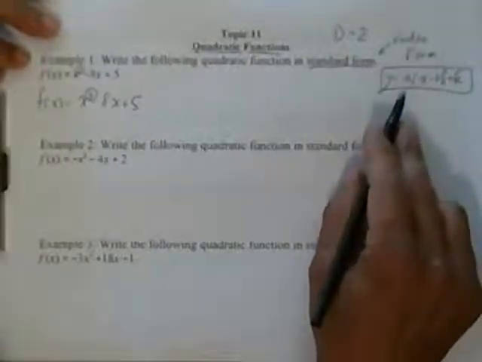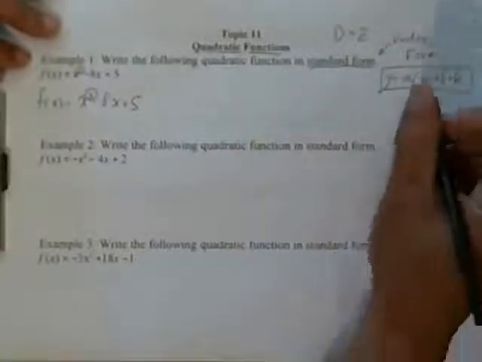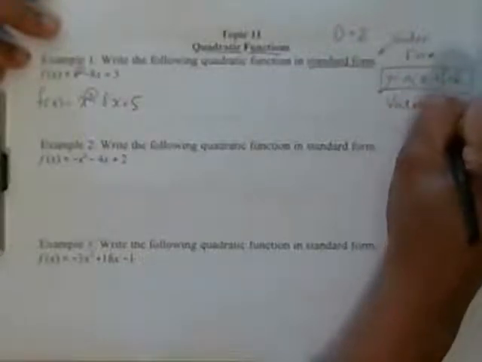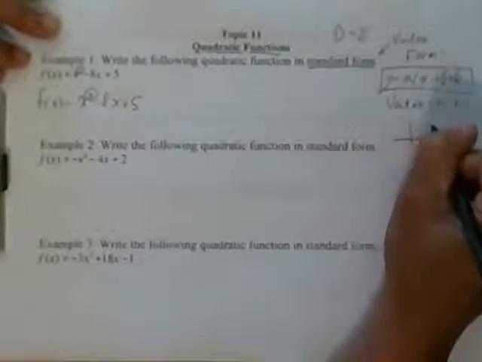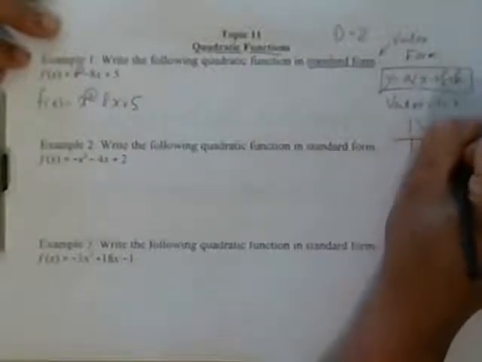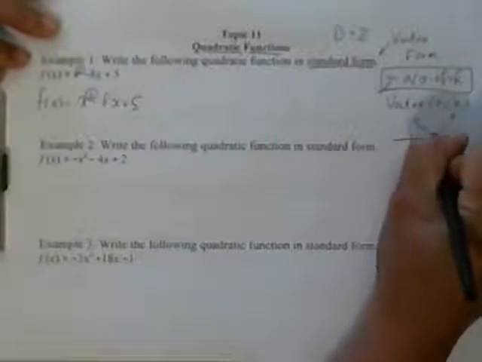That's called the vertex form. In your book, it's going to be called the standard form. A(x minus h) squared plus k, and your vertex is h comma k. And we notice that when we talk about degree of 2, which is quadratic, this is going to be your vertex right over here.